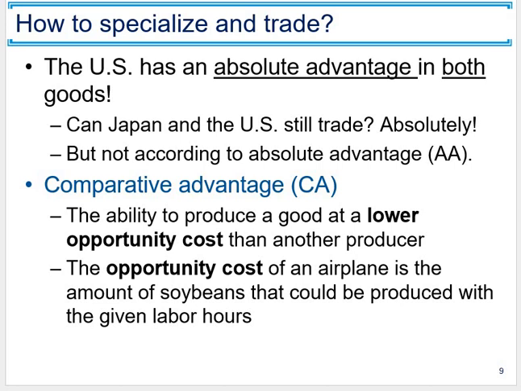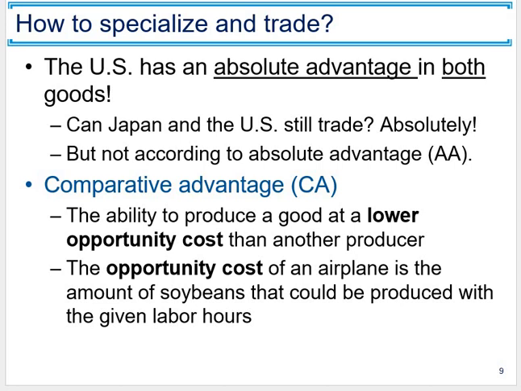Okay, from here, how do we use the concept of opportunity cost to help us understand trade? So in our example, we define the opportunity cost of an airplane as the amount of soybeans that could be produced but didn't get produced because we choose to produce airplanes.